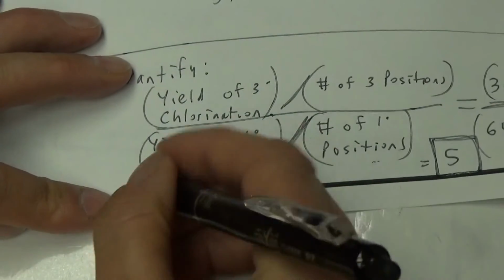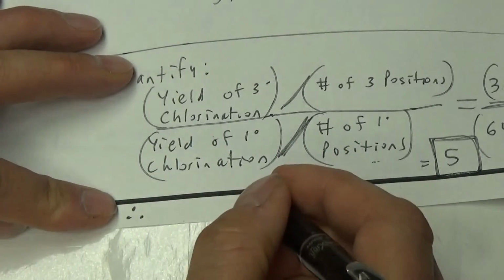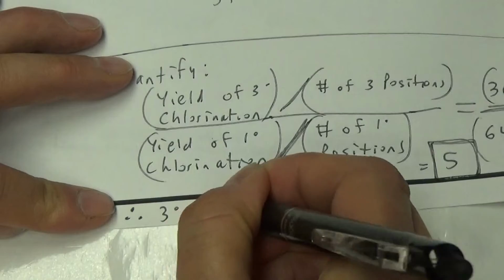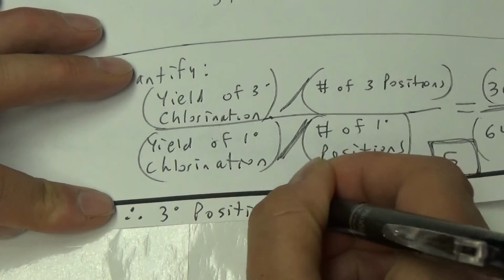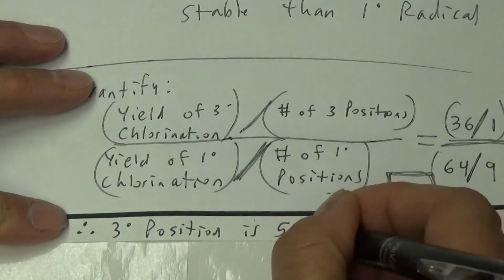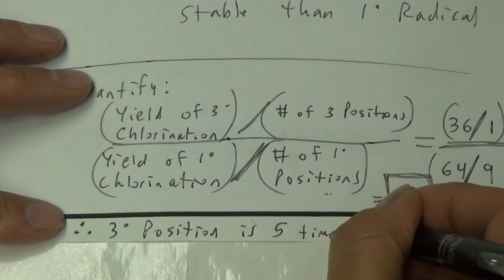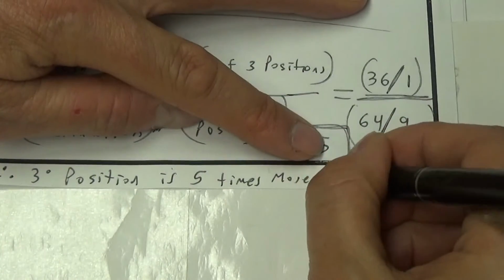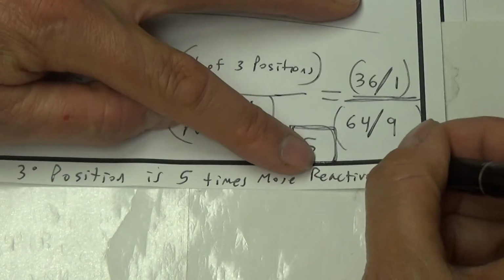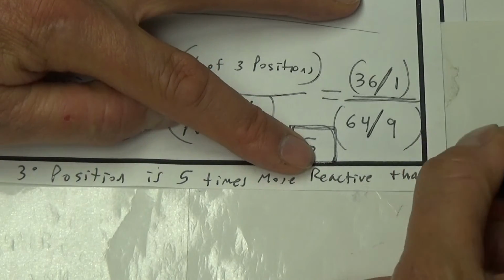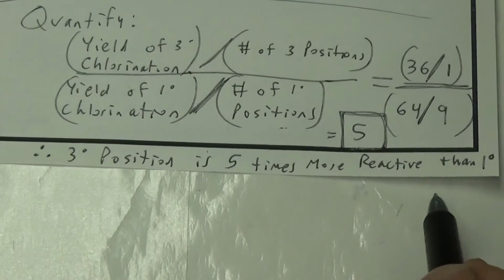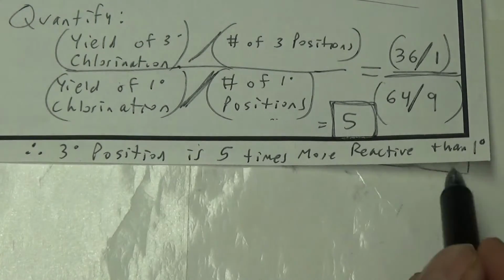And the conclusion is that a tertiary position is 5 times more reactive than primary. That's the conclusion, right?